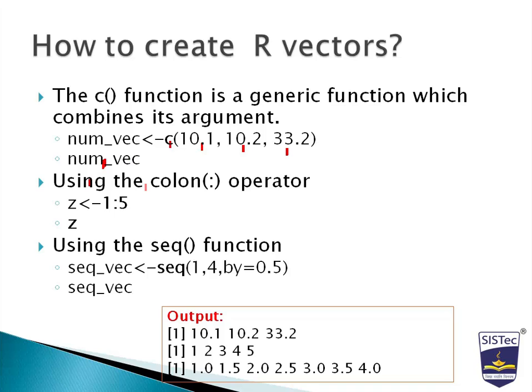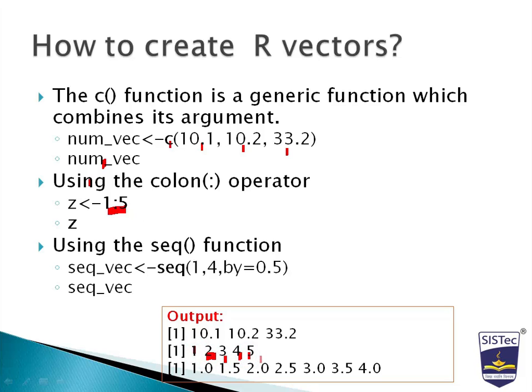We can also assign vector values using the colon operator. In this example, in the z variable, the values are stored in a sequential manner, starting from 1 to 5. So here is the result: 1, 2, 3, 4, and 5.